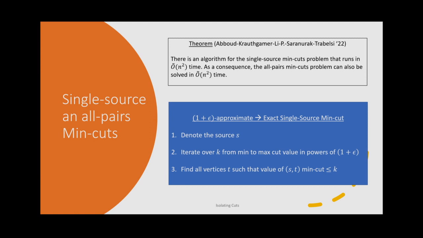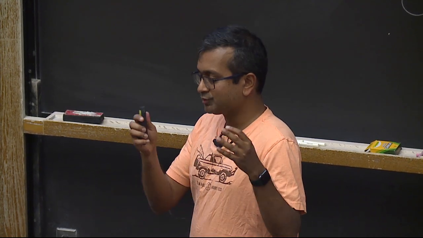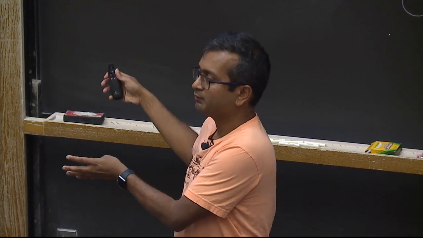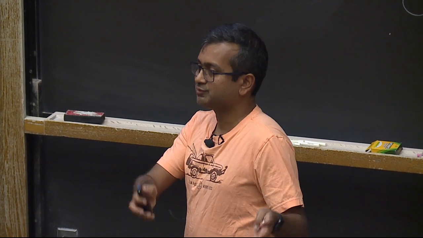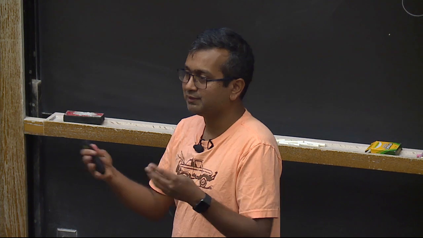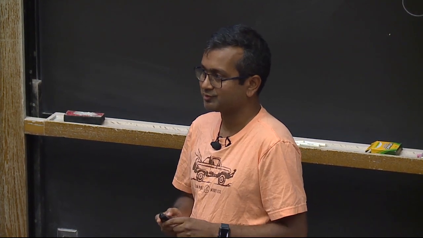Now, in the ith step, you are finding every vertex whose single source connectivity lambda st is between (1 plus epsilon)^(i minus 1) and (1 plus epsilon)^i. That is where the approximation is coming from: I am not able to separate those vertices.